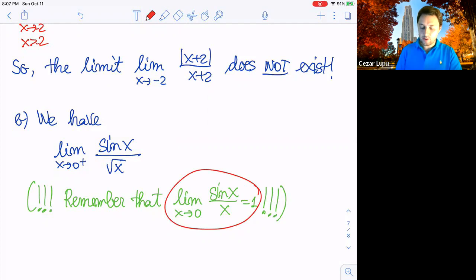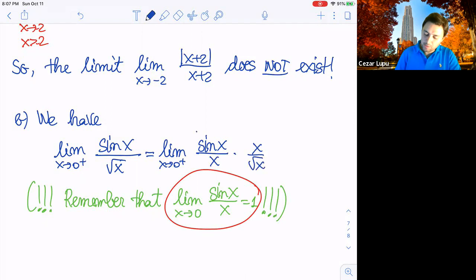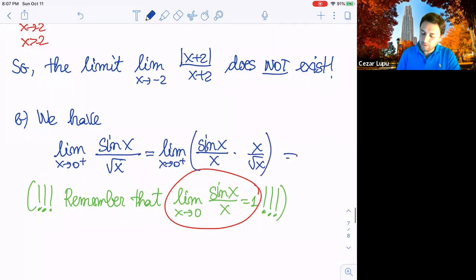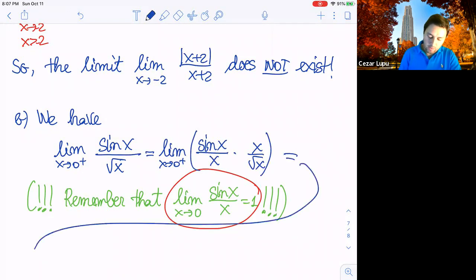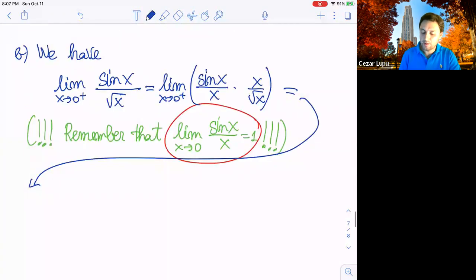So we intend to use this, and let's do it. So we have that this guy is the same as the lim as x approaches 0 from the right of sine of x over x times x over square root of x. So let's write it in this way. And like I said, our intention is to use this limit.